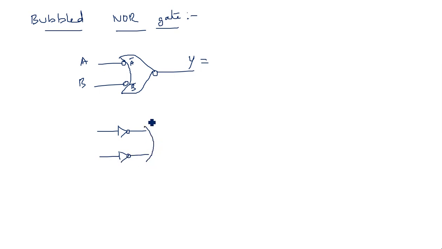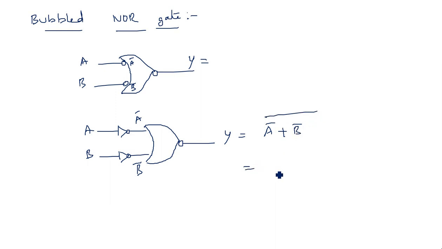Otherwise, you can also represent it like this for our convenience, taking the bubbles as inverters. This is output Y. So A, B. Now check what the output is. It is A bar, it is B bar. So this is equal to A bar plus B bar whole bar. What is the output?